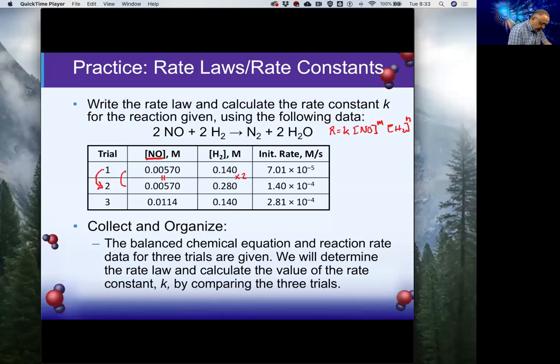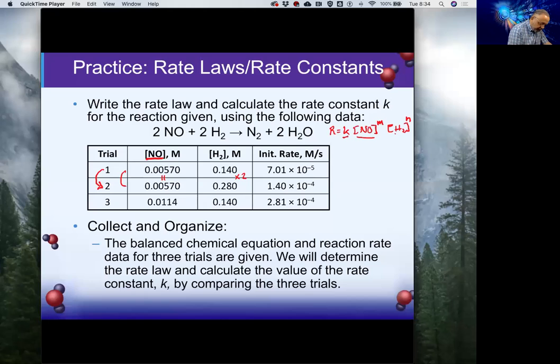So if you notice here, we're keeping this one constant because we are not changing the concentration of NO. The only thing we're changing is the concentration of hydrogen, and we're introducing a factor of 2 on the concentration, which is raised to the power of n.